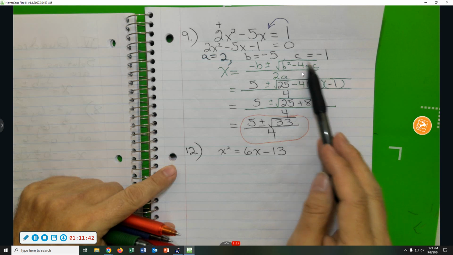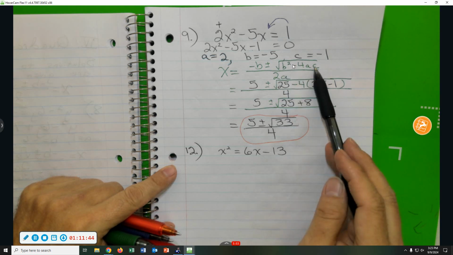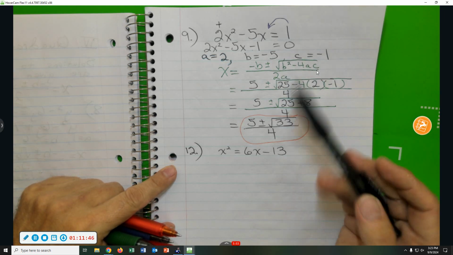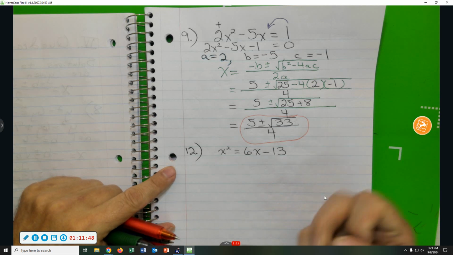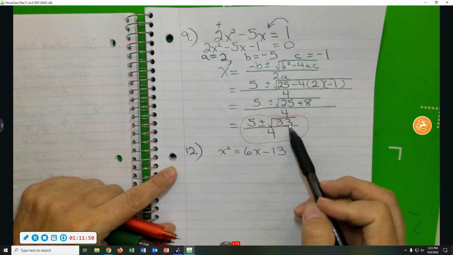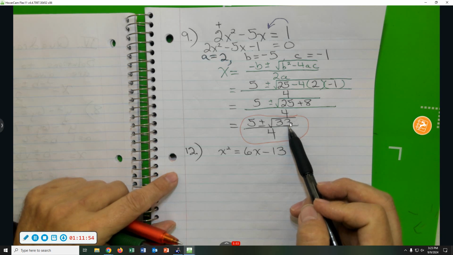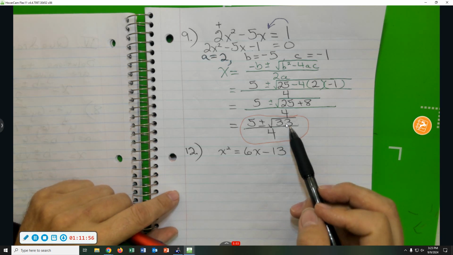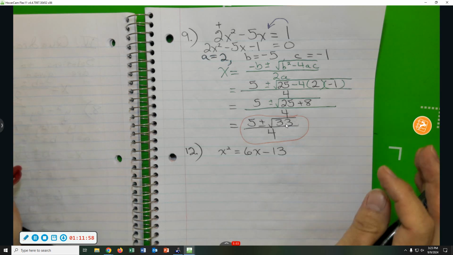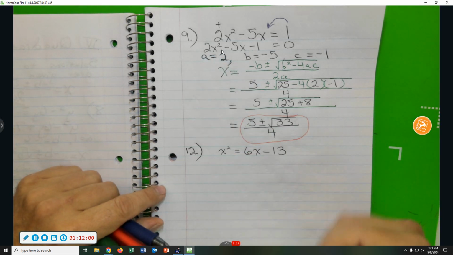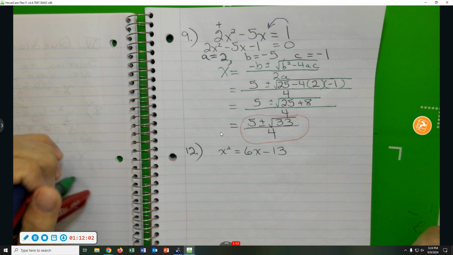If that's a perfect square, when you're reducing it, then yes, it could be factored. But if you get something that's not a perfect square, like 33, then it is not factorable. You could sit here for the rest of the year. You're not going to get 2x squared minus 5x minus 1 factored.